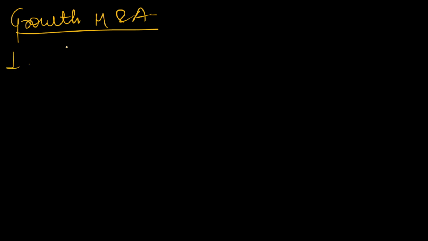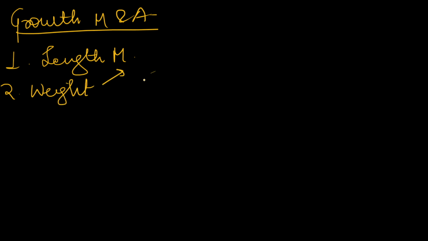Growth measurement and analysis. So there are various methods. You can mention there are various methods. First of all, you can mention length measurement. We can measure weight, both fresh weight as well as dry weight.